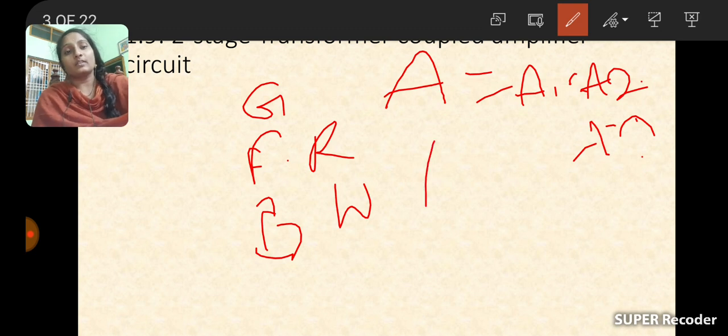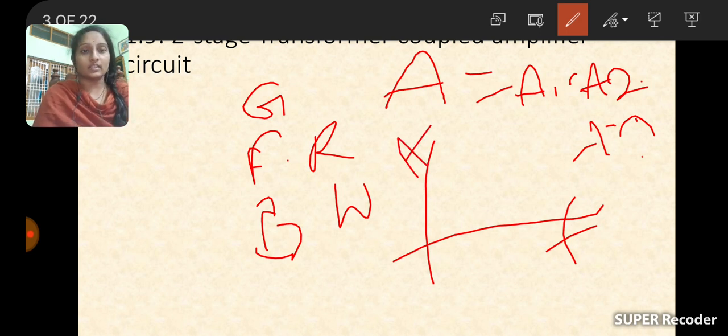Coming to the next one, frequency response. It is a graph drawn between the frequency and amplitude of the given signal or output. Next one is bandwidth. The term band indicates a group or range, so maximum is there, minimum is there. Bandwidth means the group of frequencies in the range of 70.7% of maximum gain.